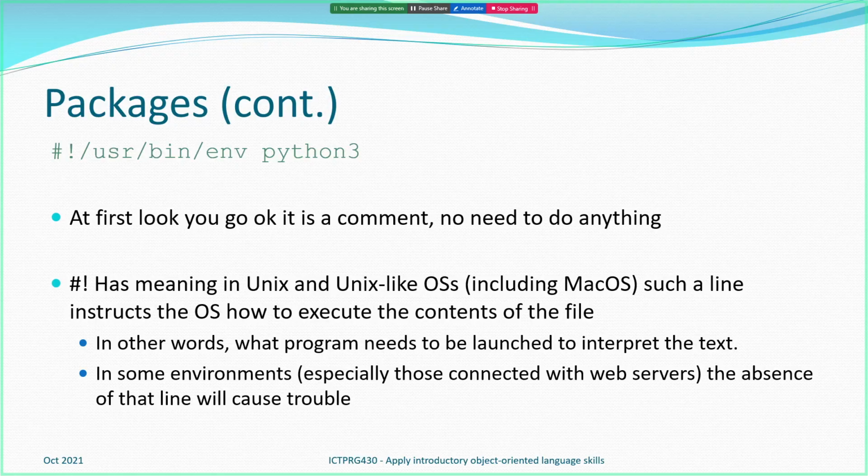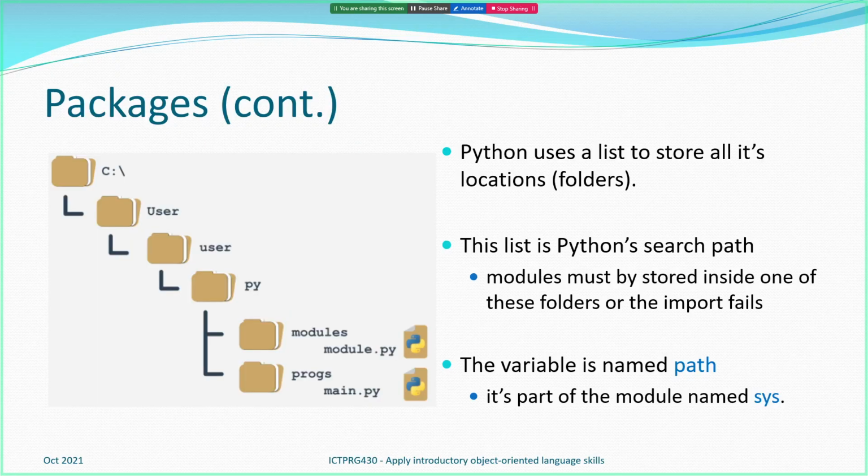So what it's doing is it's telling those systems how to interpret this file and set up the environments that it needs to set up. But if you're in Windows, it basically just ignores that bit.